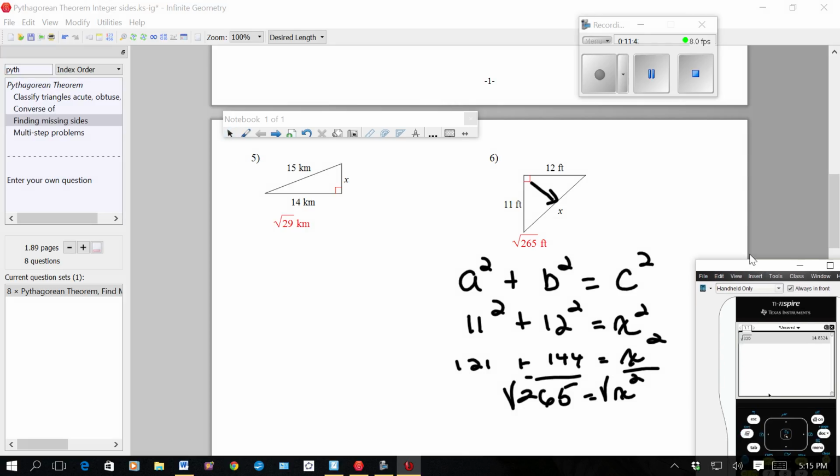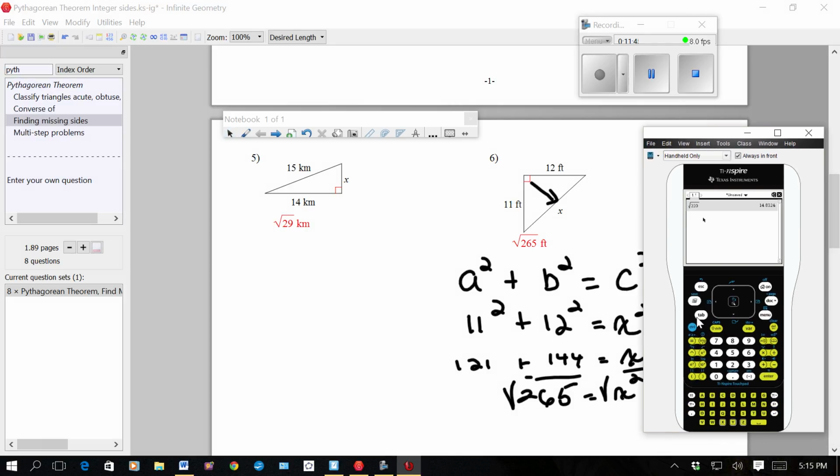I come over here, and I put in square root of 265. In this calculator, you press control x squared, which gives us the square root symbol, and inside I put 265. Then I enter, and it gives me an approximate answer.